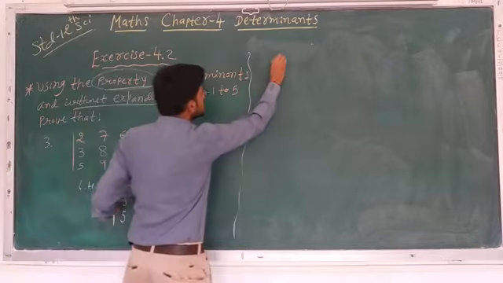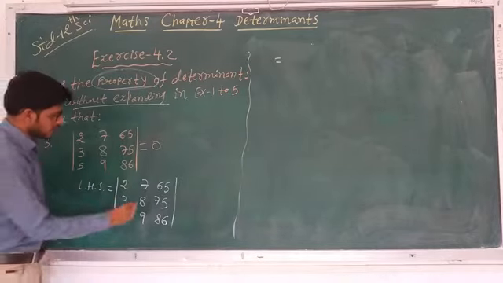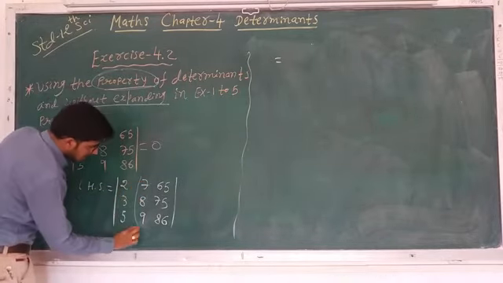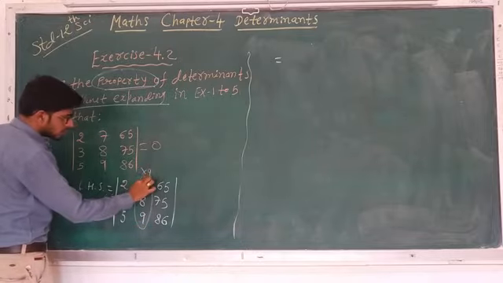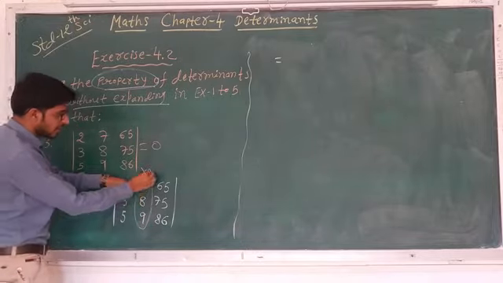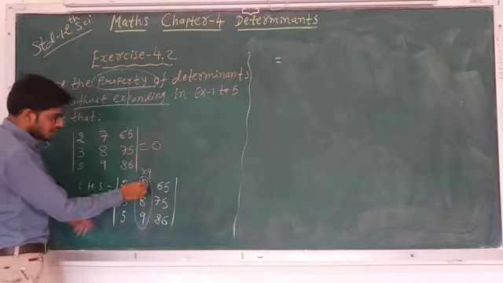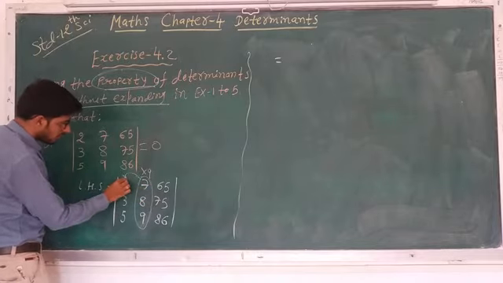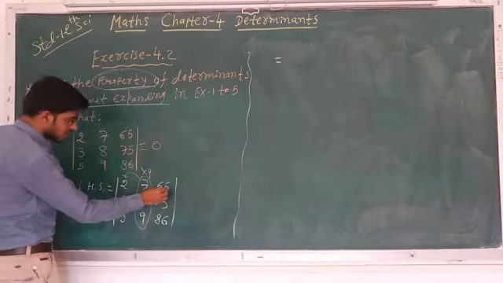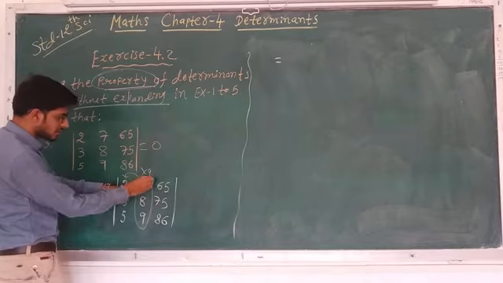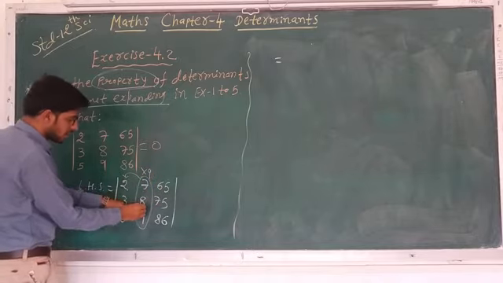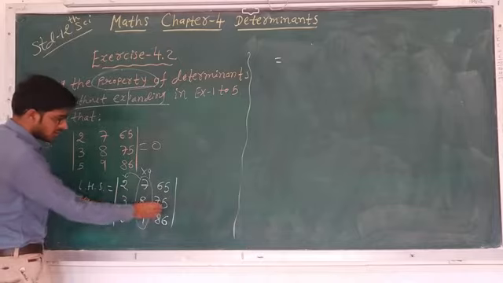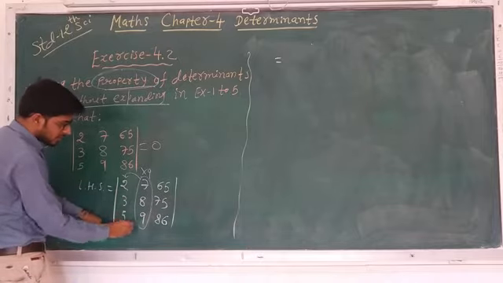Is equal to, here observe that suppose we multiply the second column by 9. 7 9s are 63, and add in first row, so it gives 65. So 7 9s are 63 plus 2, 65. 8 9s are 72 plus 3, so 75. 9 9s are 81 plus 5, 86.